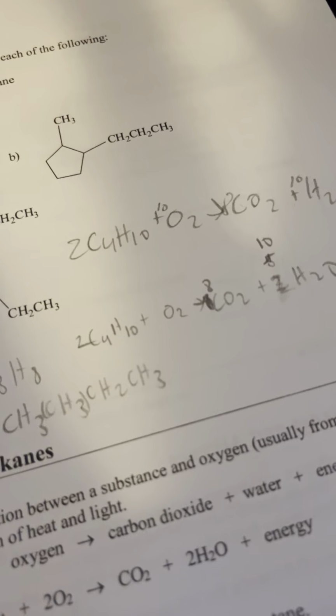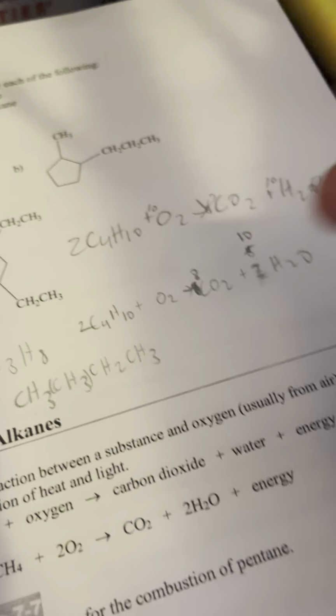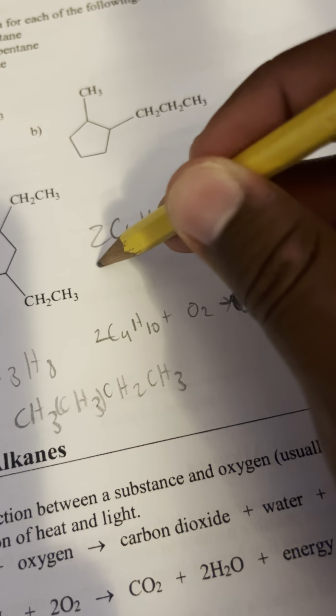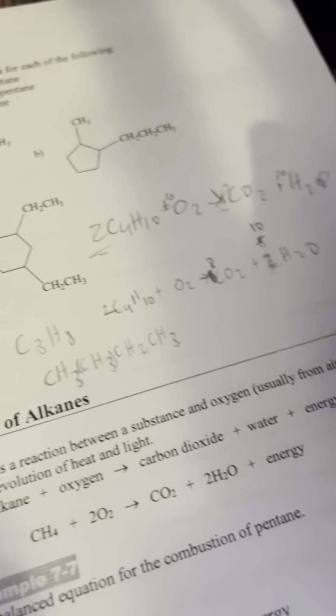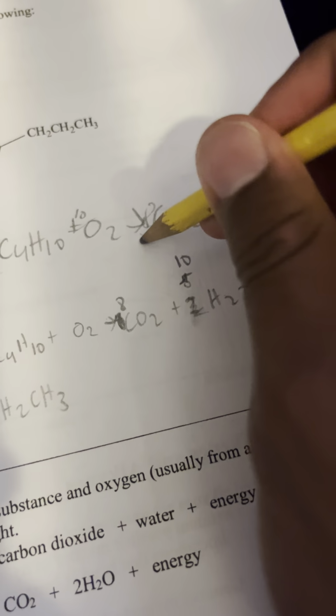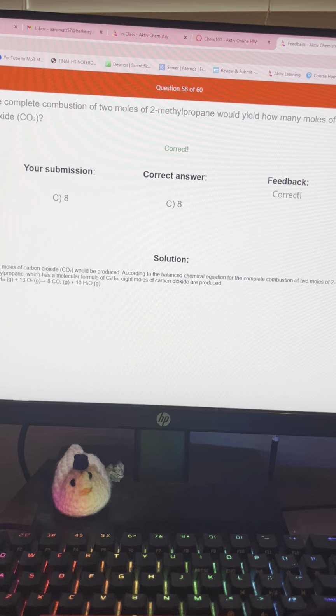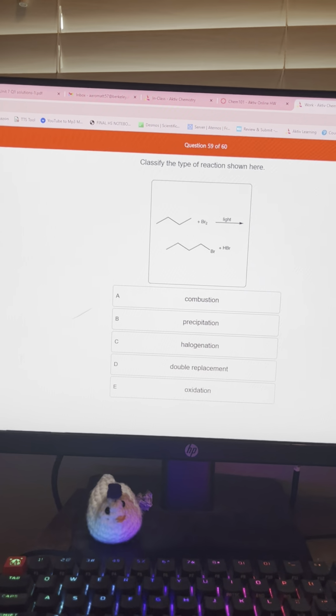So this tells us, it's asking for how many moles. Remember, the moles is the number in front of the compounds. How many moles of carbon dioxide? This is carbon dioxide. We have 8 moles. So our answer is 8. Like that. Okay, 2 more questions.